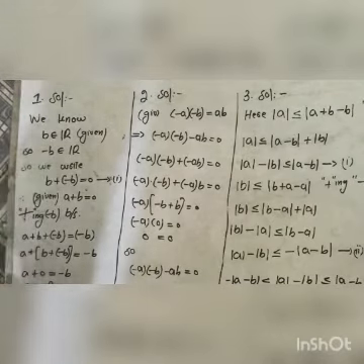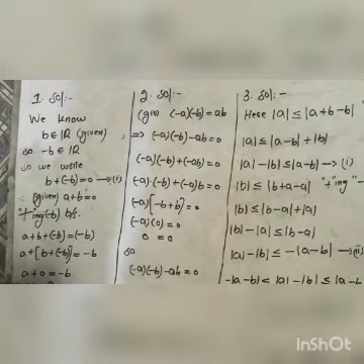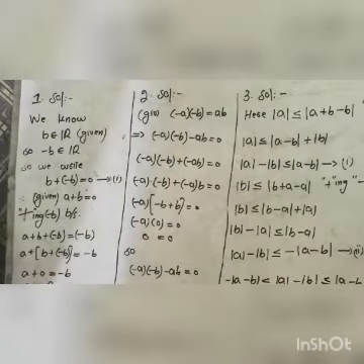So when A is added with 0, the answer will be minus B. So proved that A is equal to minus B.